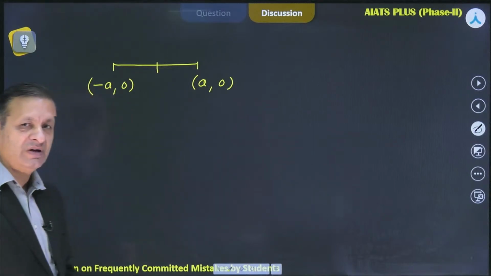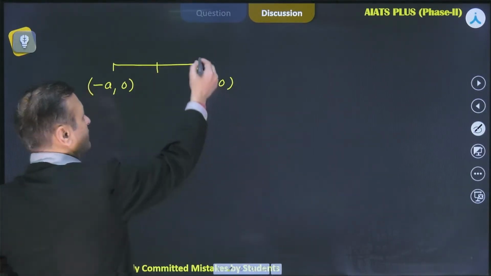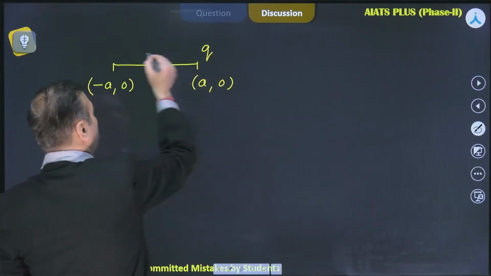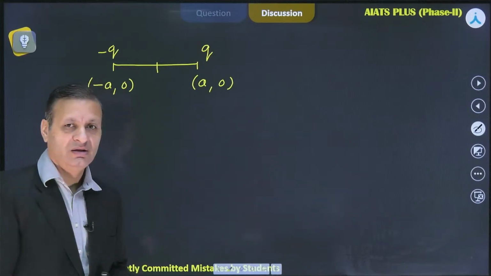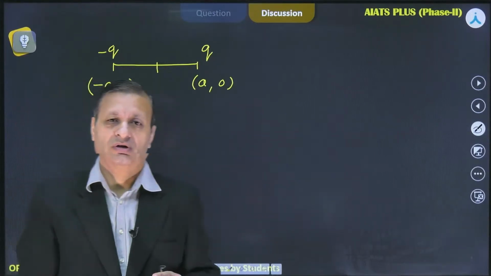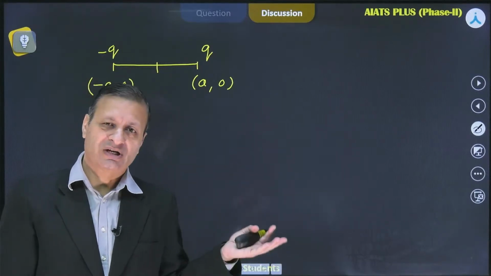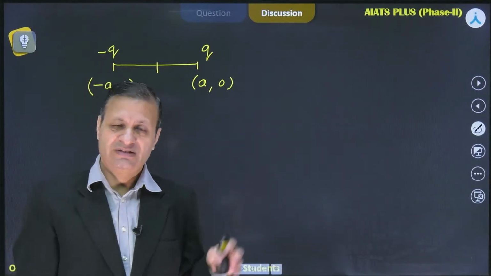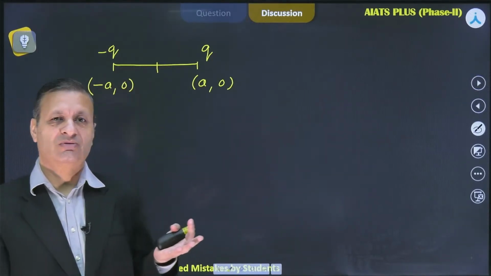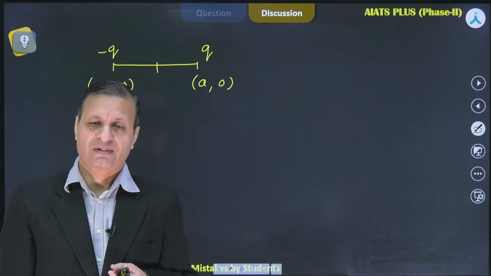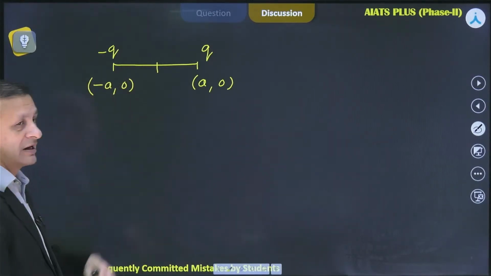Now instead of placing both the charges as positive, let's place this charge maybe positive, this charge maybe negative. When you have these two equal and opposite charges separated by some distance, what do you call this system? Electric dipole also.